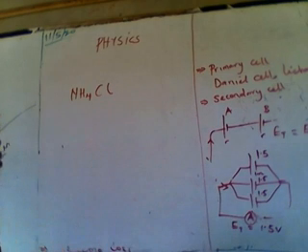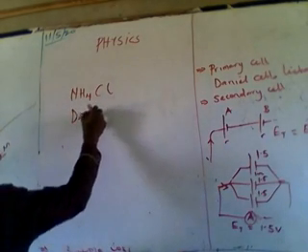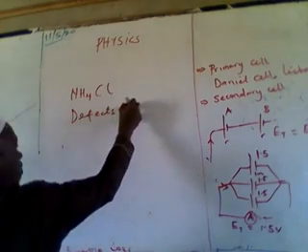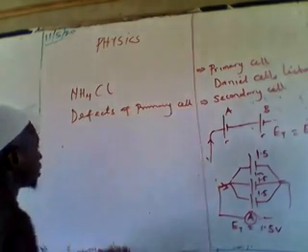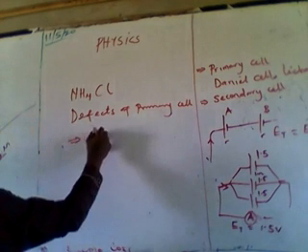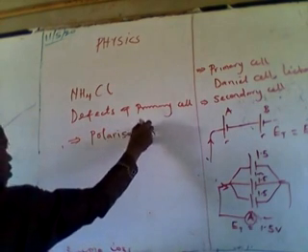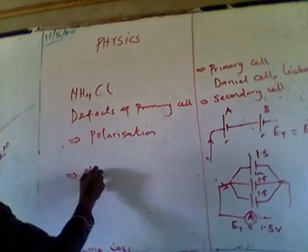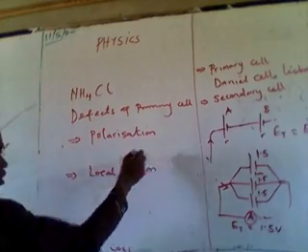And we have some disadvantages, or defects, of a primary cell. The two defects of a primary cell are what we call polarization and local action.